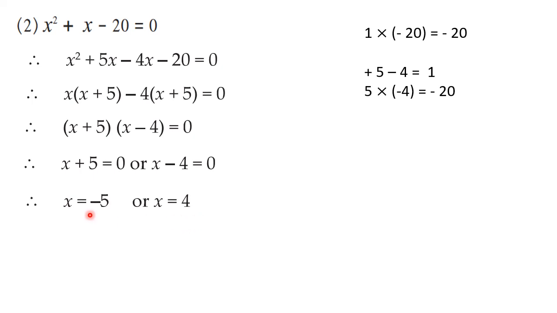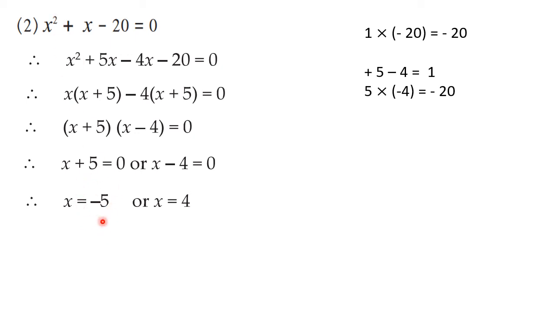Once again, observe the signs here. Here we have minus 5, but in the factors we found in the beginning, we have plus 5. And here we have plus 4 and there we have minus 4. So the signs are exactly opposite. When we got the answer, for the bigger number we got minus as the sign.